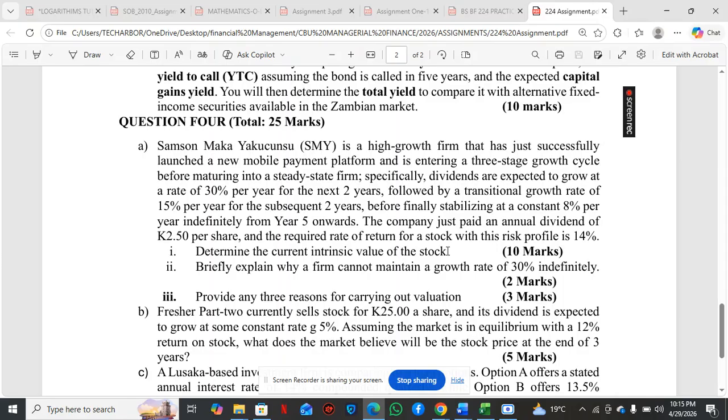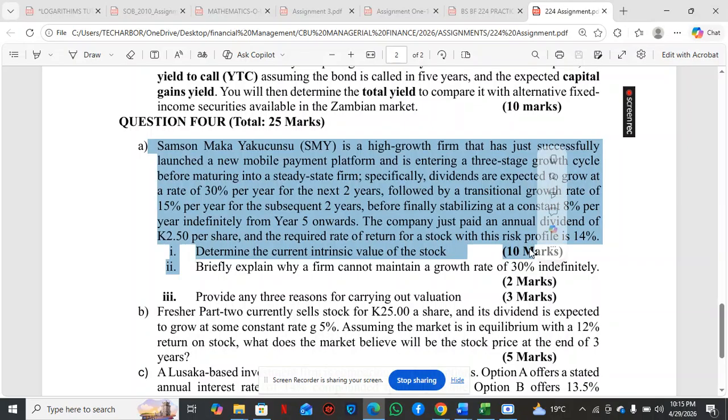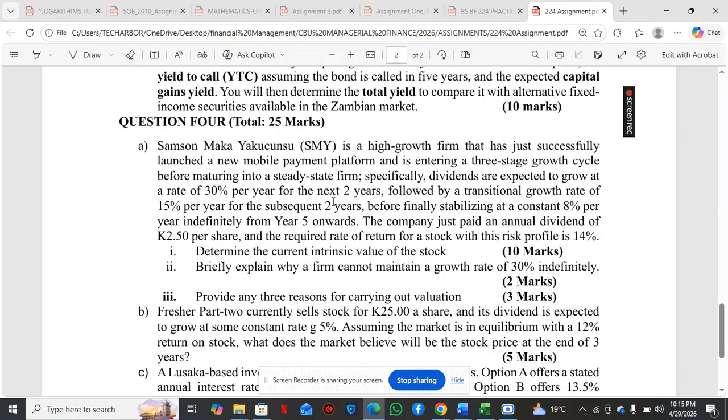The no growth model, where the dividends are not growing. Then there's also the constant growth model, where the dividends will just be growing at a constant rate. Then you have the multi-stage growth model, which is the one we're looking at here. Because as you can see, the dividends' growth rate is going to change.